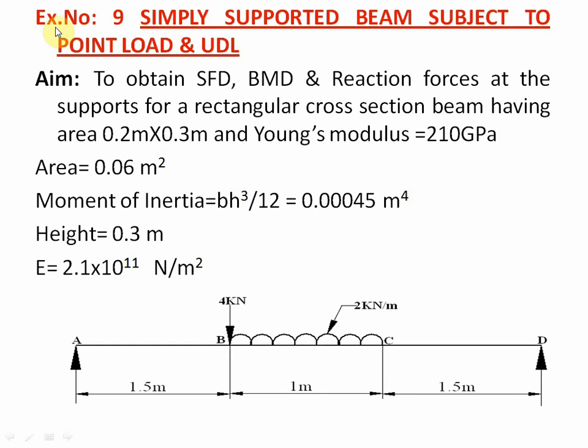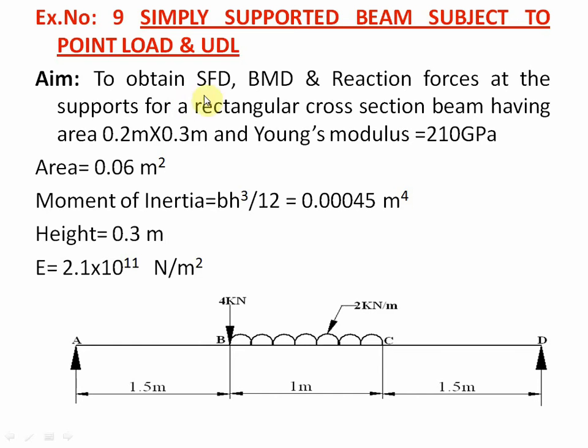Today we will be solving experiment number 9, that is, a simply supported beam subjected to point load and uniformly distributed load. So this is the beam which is fixed at extreme ends A and D, and a uniformly distributed load is applied between B and C, that is for element number 2, and a point load of 4 kilonewton is applied at node number 2.